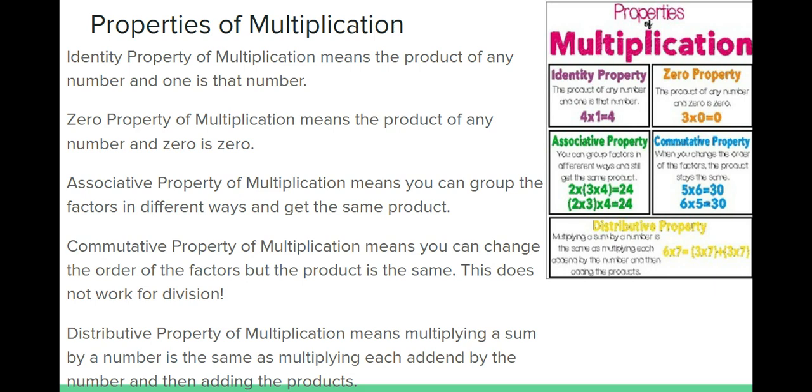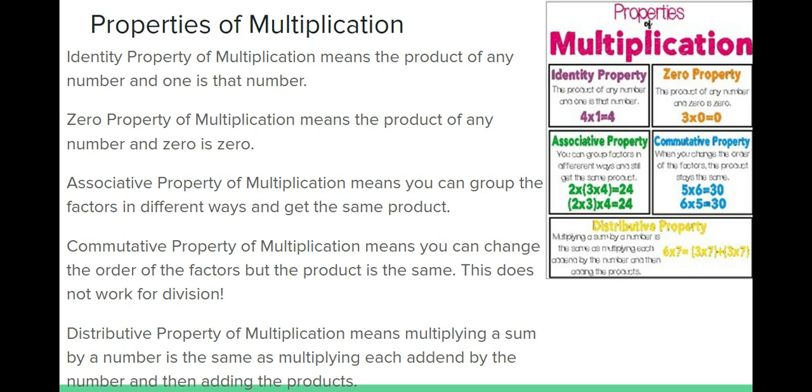It doesn't matter which order your numbers come in. 6 times 5 and 5 times 6 are always both going to be 30. It's not going to change your product if you switch the two around. This does not work for division, just like it does not work for subtraction with the addition property. Okay.